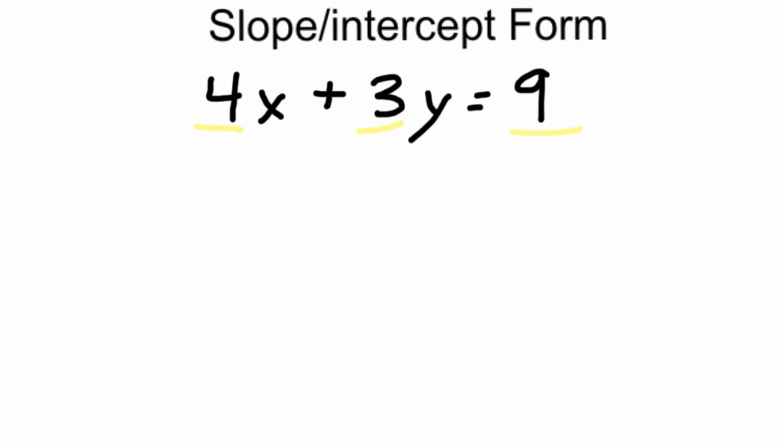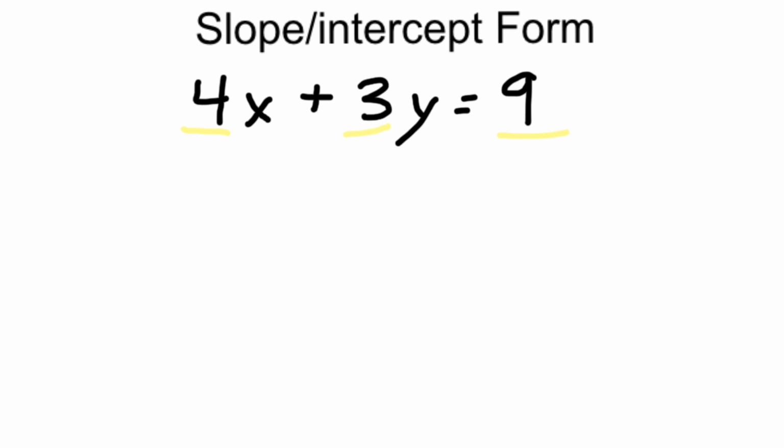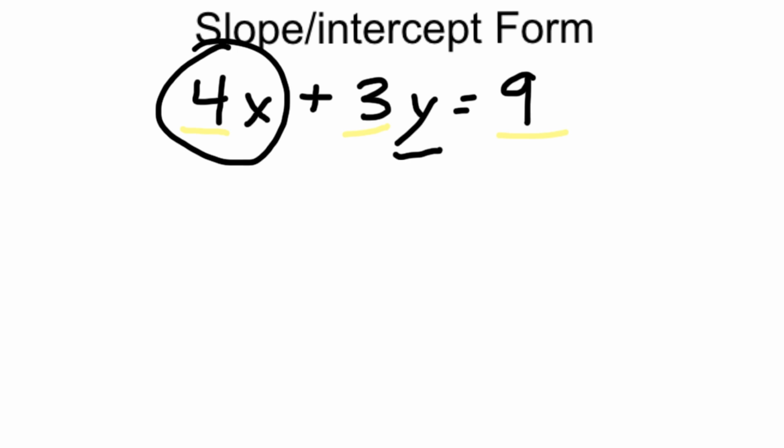So what we want to do here is get everything in terms of y. To do that, we've got to look at what we have to get rid of. We've got to get rid of this term first of all, and then the 3. Well, we'll start with the 4x.